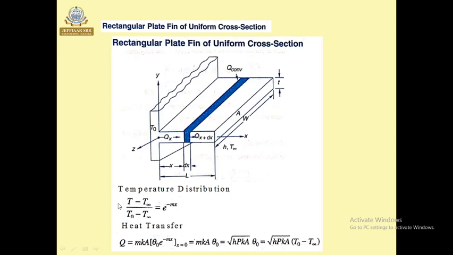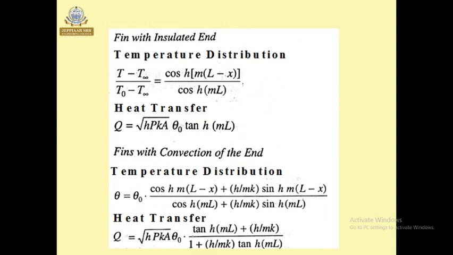environment. The second type of fin is the fin with insulated end, where we have the temperature distribution (T minus T infinity) divided by (T naught minus T infinity) equal to cosh m(L minus x) divided by cosh mL. And the heat transfer Q equals square root of hPKA times theta naught times tanh mL.